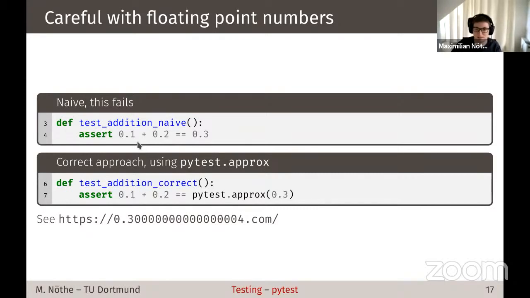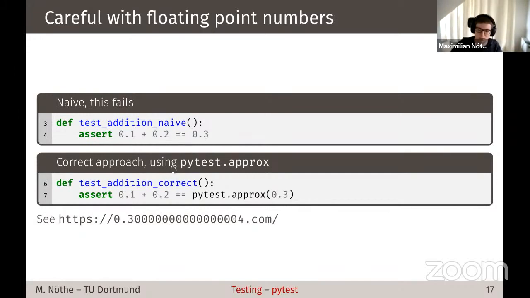And the reason is that we cannot store exactly the numbers 0.1 and 0.2. Or we can store 0.2 exactly, I think, but not 0.1. And 0.1 is then rounded to the next representable number on our computer. And it just so happens that if you add the closest number to 0.1 to the closest number to 0.2, this is not the closest machine number to 0.3. And if we explicitly type 0.3, we will get the closest number that is representable, that is the closest to 0.3.